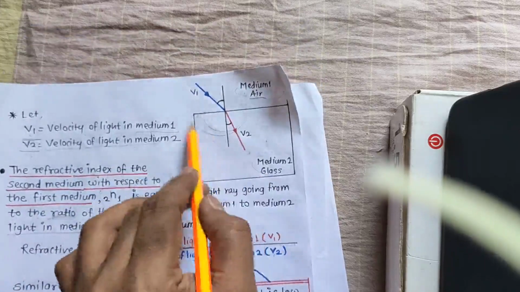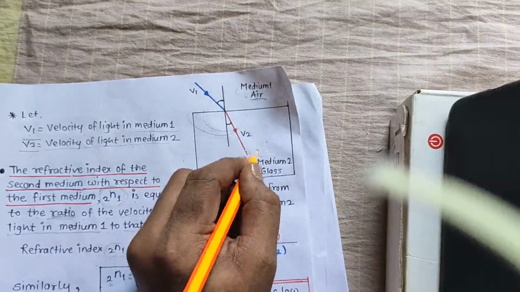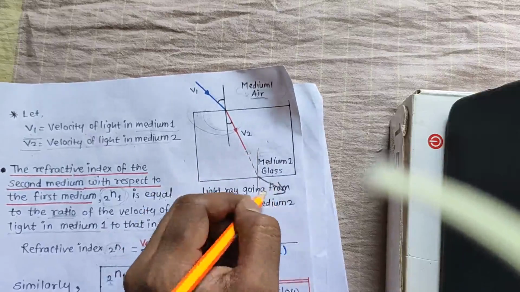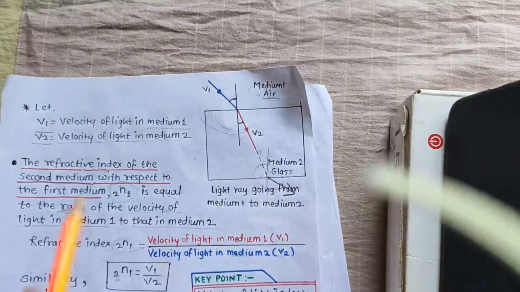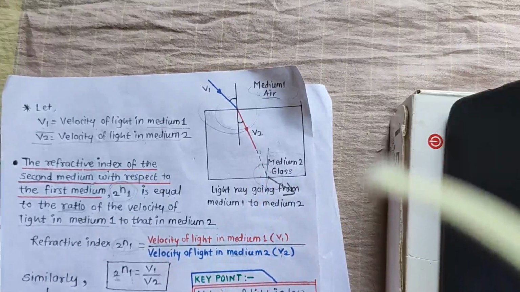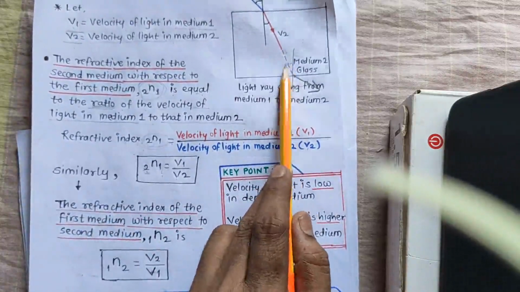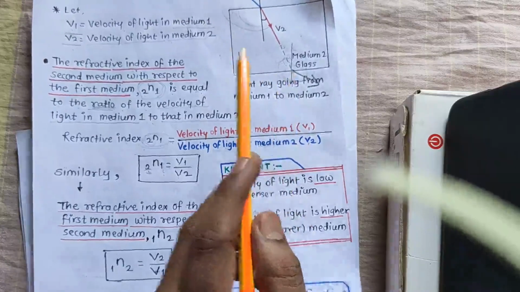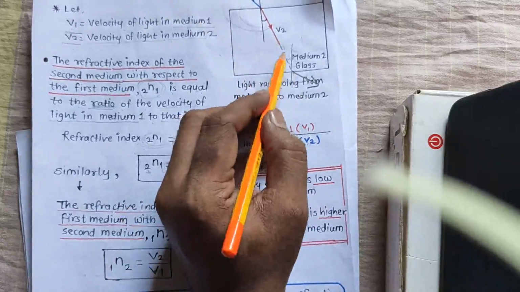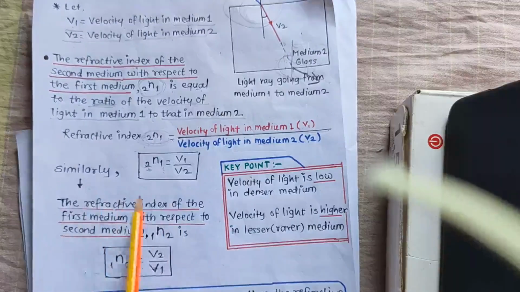But suppose light comes like this, touches over here and goes out. In this concept, while light goes from the glass to the air, this other formula will come.